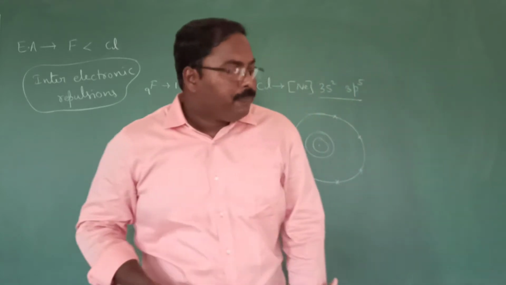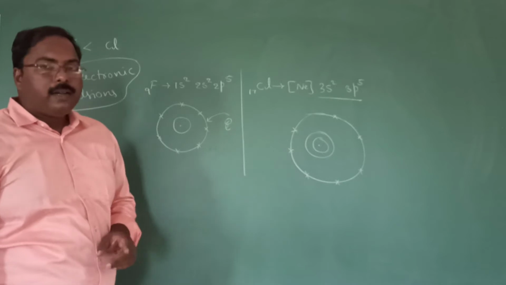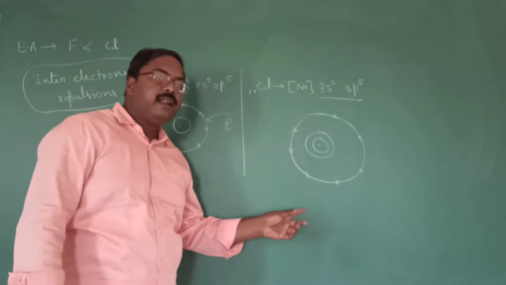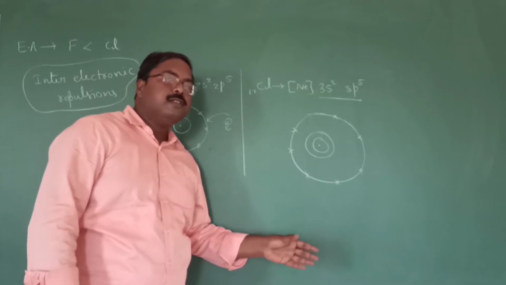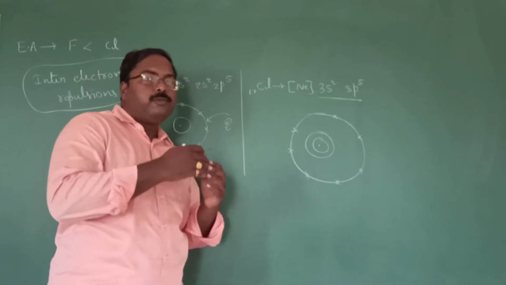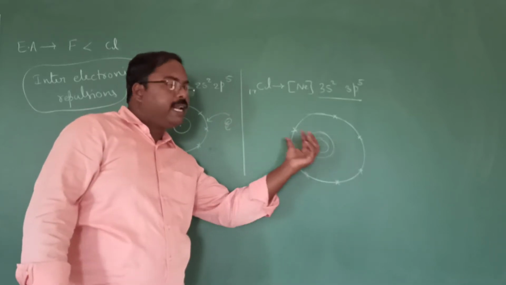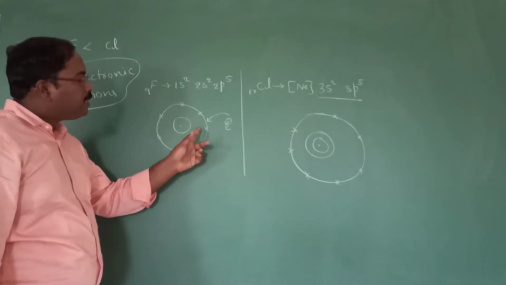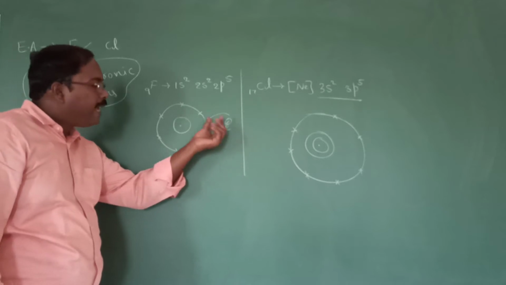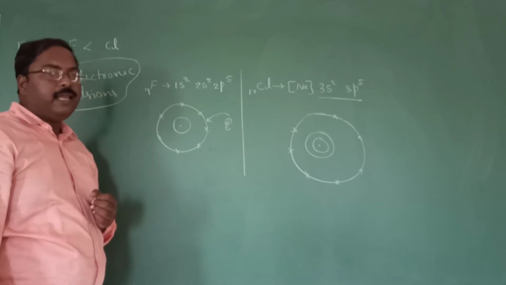In chlorine the repulsions are also there, but compared to fluorine they are less, so they oppose the incoming electron much less. Due to inter-electronic repulsions, fluorine doesn't accept the electron easily.